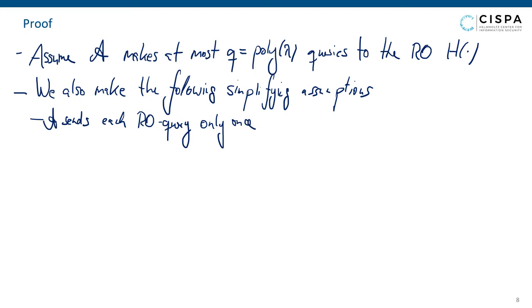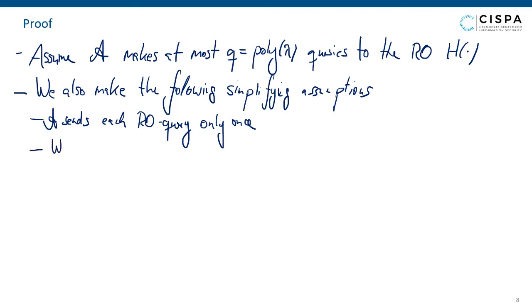This is not really a restriction because every adversary who queries the random oracle several times on the same input could just simulate further queries by storing such a query and then just repeating it when the internal adversary asks the same query again. Okay.